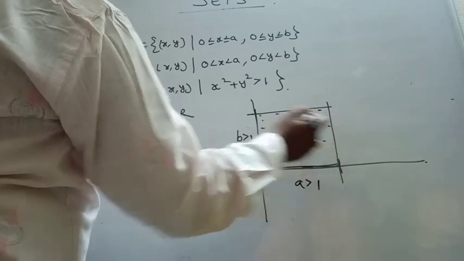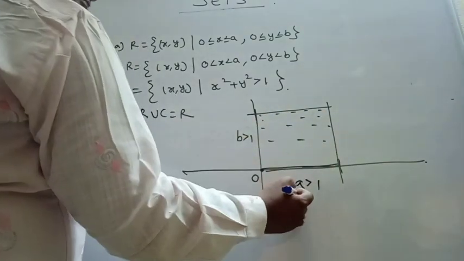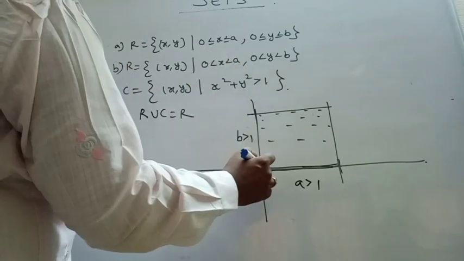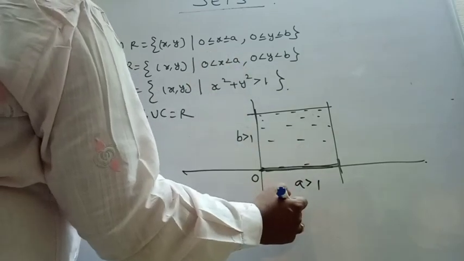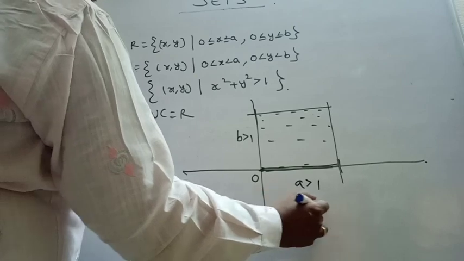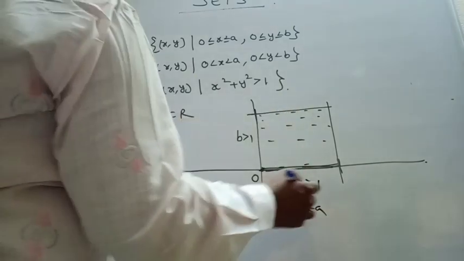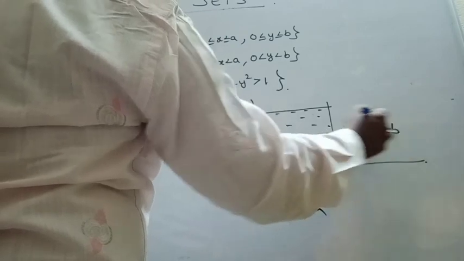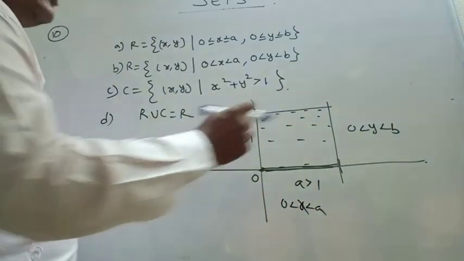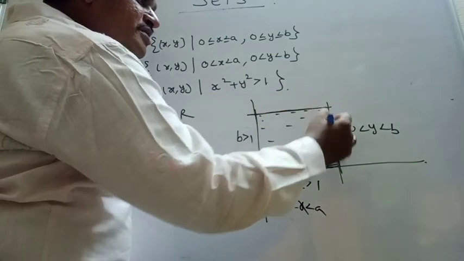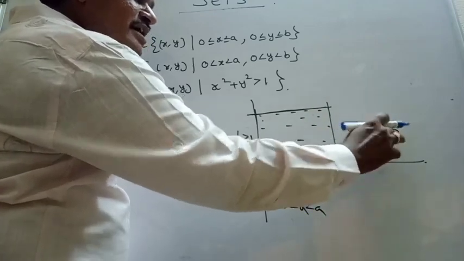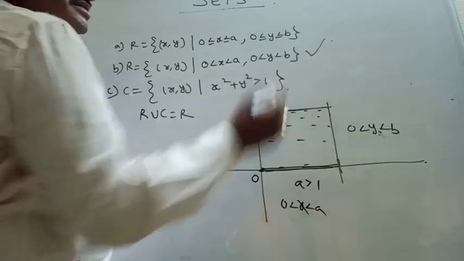That means the x value is 0 < x < a, and the y value is 0 < y < b, since they are inside. If you include equal to, then the boundary is also included. Therefore, the second option is correct for this.